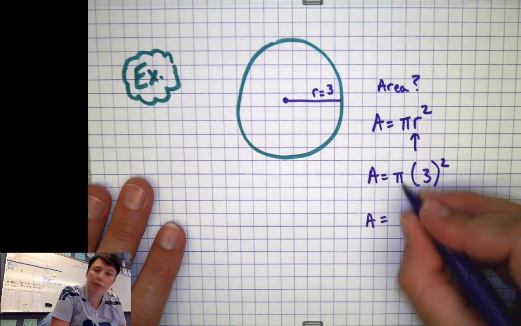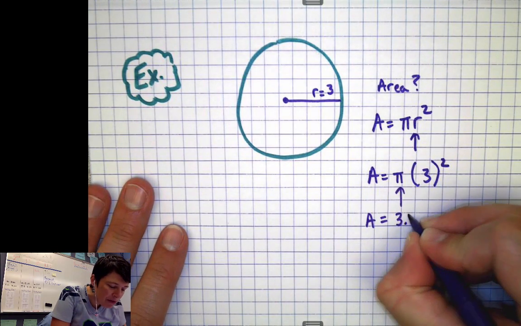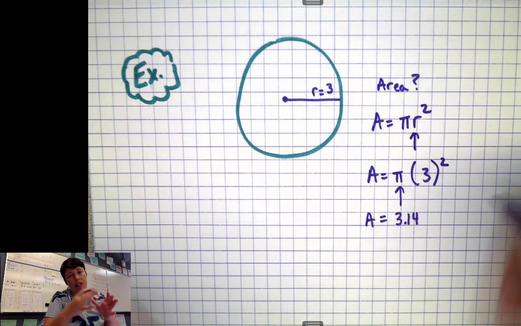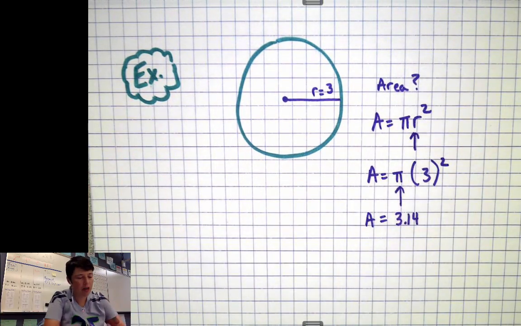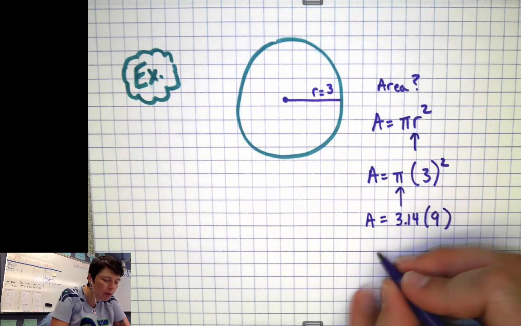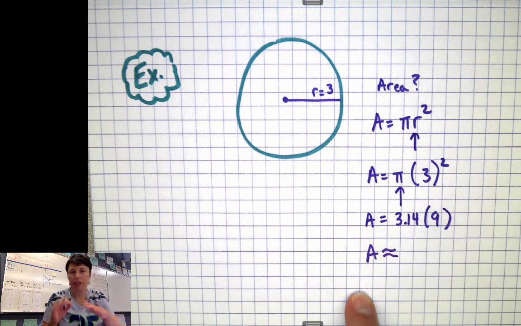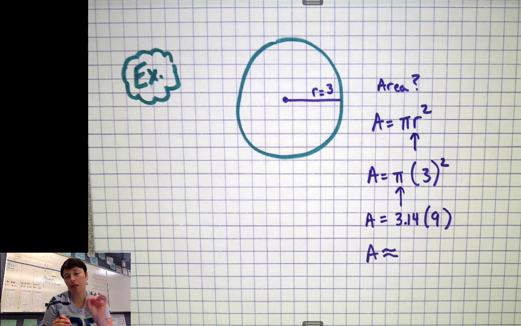Area equals pi. Pi is about 3.14. Not exactly. Remember, it's that long decimal. It never ends. But we're going to round it, and we're going to times it by 9. And at this point, now that I'm rounding pi, I'm going to change my equal sign to a wiggly sign because we're getting a close, almost exact answer, but not perfect. And I'm going to go to the calculator.